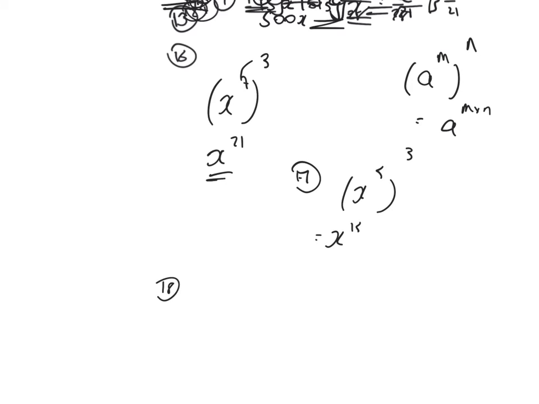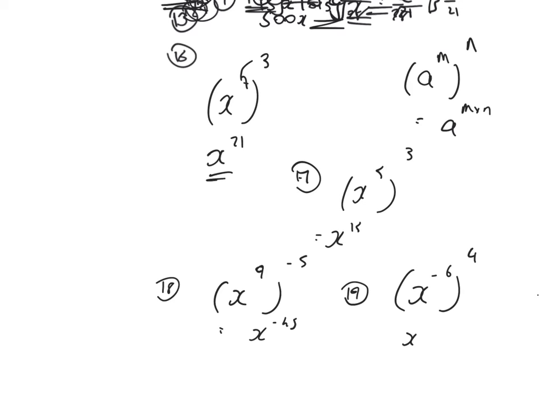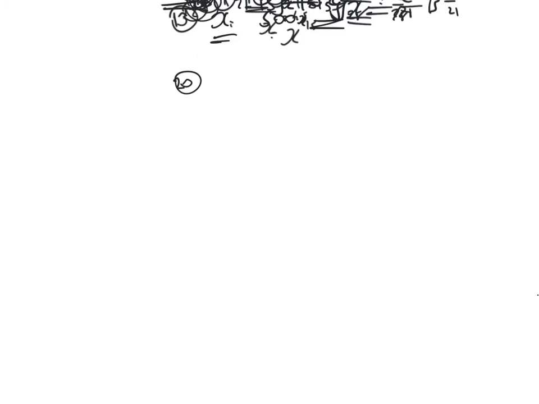Example 18, which is going to be x to the 9 brought to the power minus 5, multiply them together, x to the minus 45. Example 19, x to the minus 6 brought to the power 4, multiply them together, x to the minus 24. Okay, and that's going to be x to the minus 4 brought to the power minus 5. Well, minus 4 times minus 5 is plus 20.